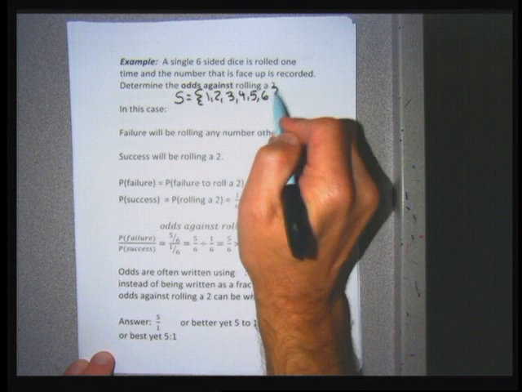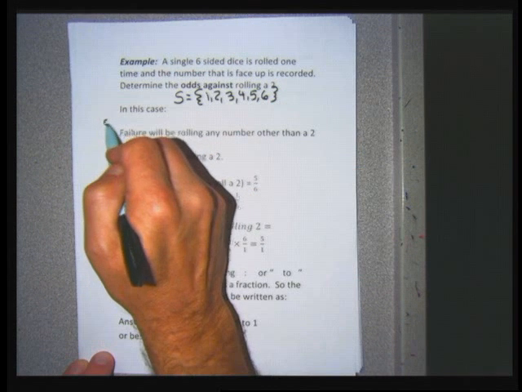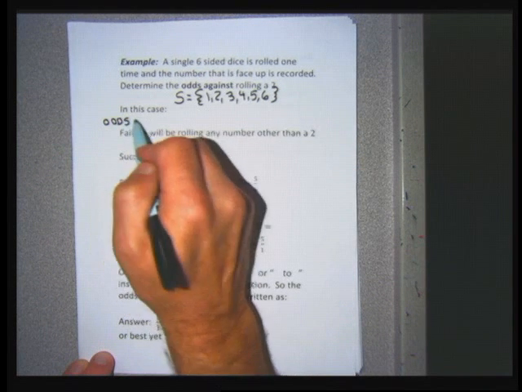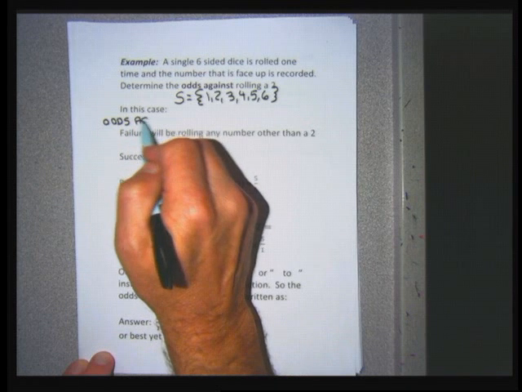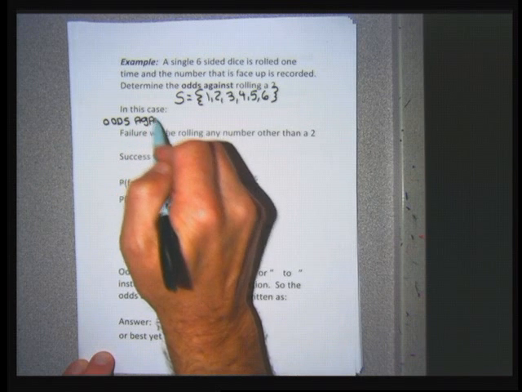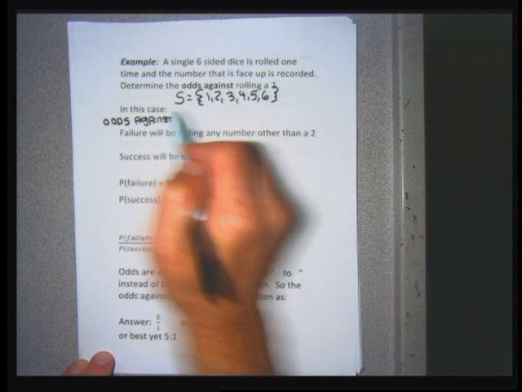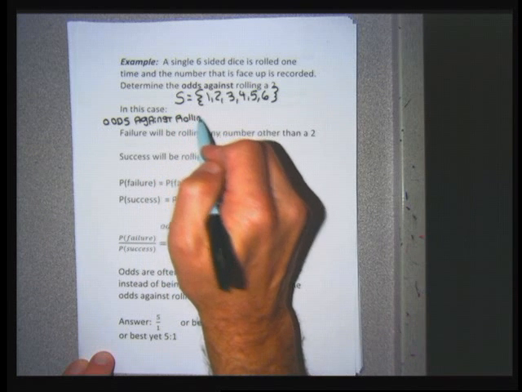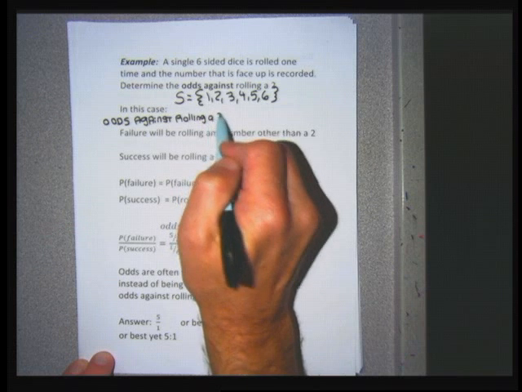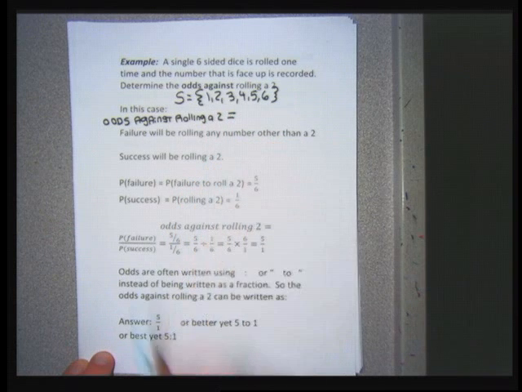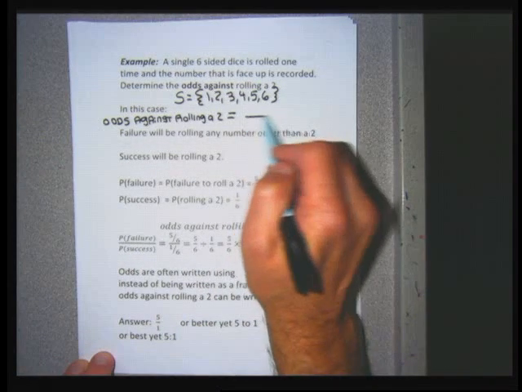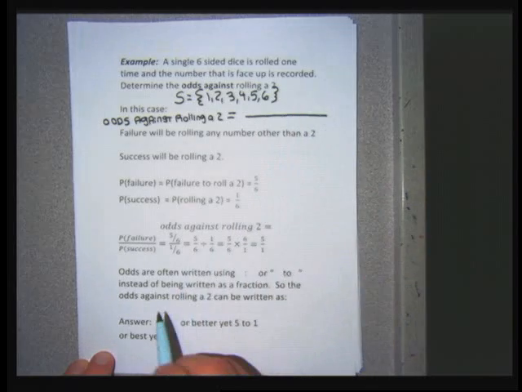Now, if I want to find the odds against rolling a 2, then I have to compute two probabilities. The numerator is going to be the probability of the event not happening, and the denominator is going to be the probability of the event actually happening. So the odds can be computed by forming a fraction, and the numerator and the denominator of a fraction each have a separate probability.